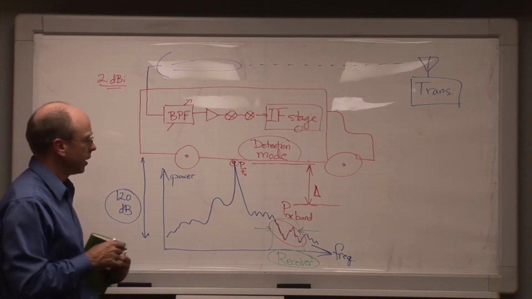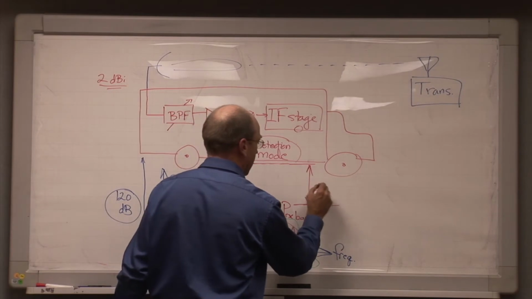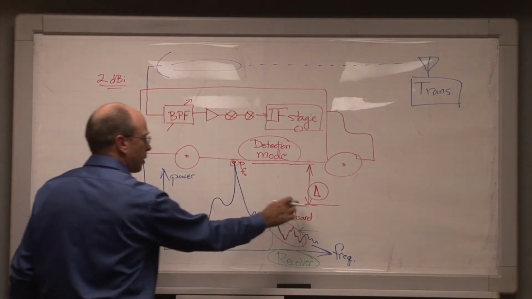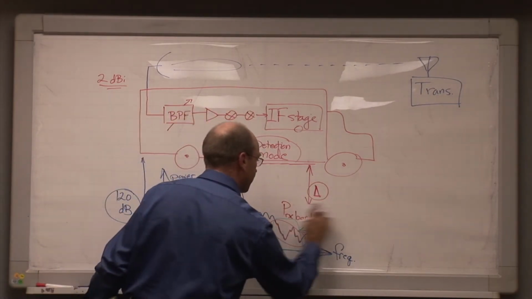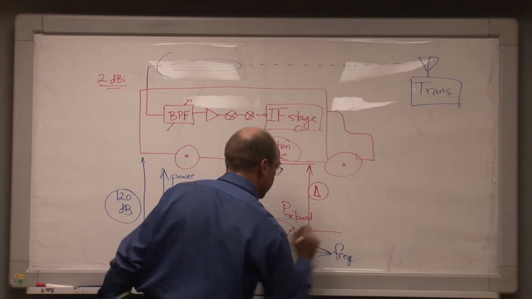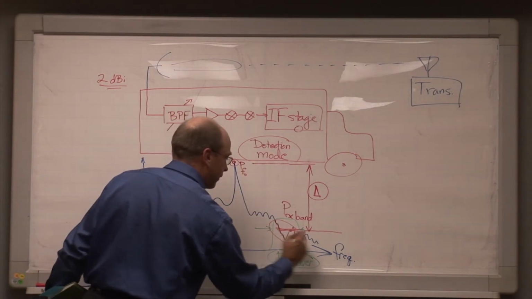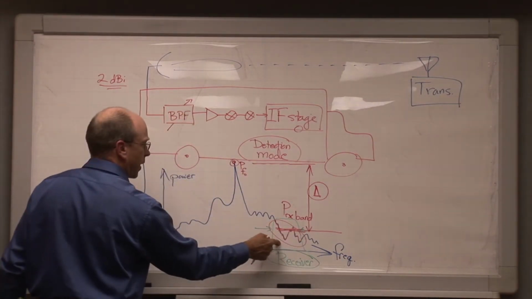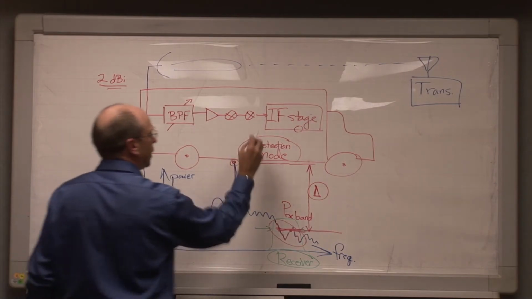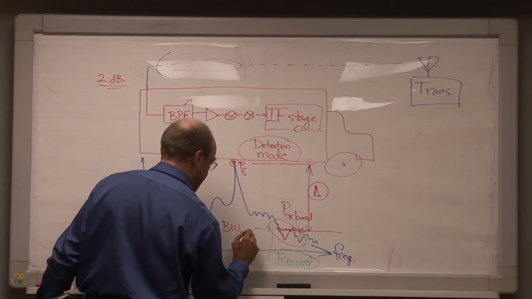Now, the next piece of the puzzle is to compare this delta, this offset. I didn't draw it well. Let me draw it better. Sorry. Here, I got to come down to here. We'll say it's down there. There we go. There's the delta. There's the power offset between how much power we've got nominally in this part of the spectrum in the bandwidth of that receiver.